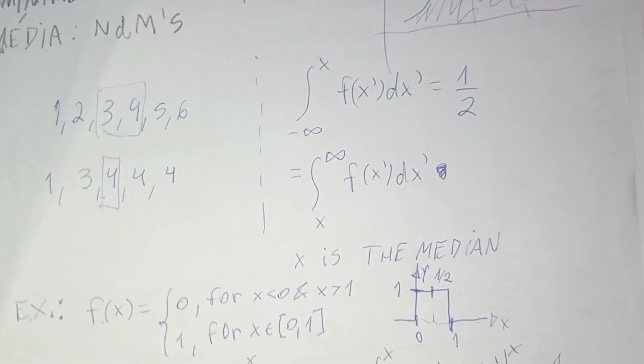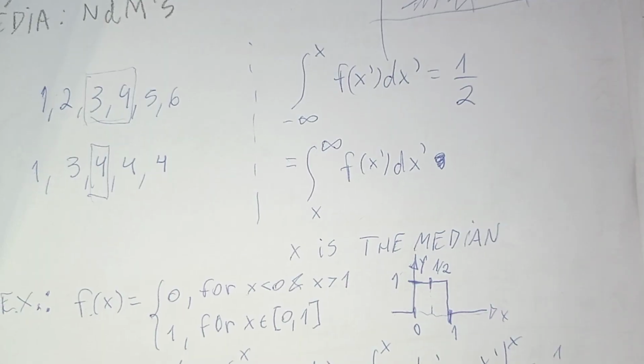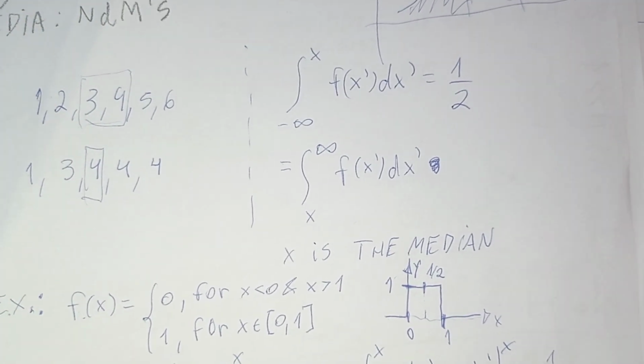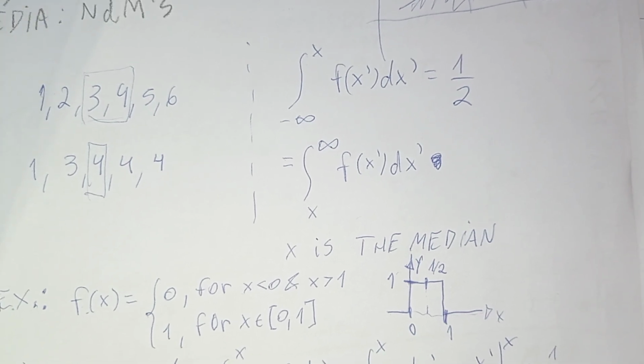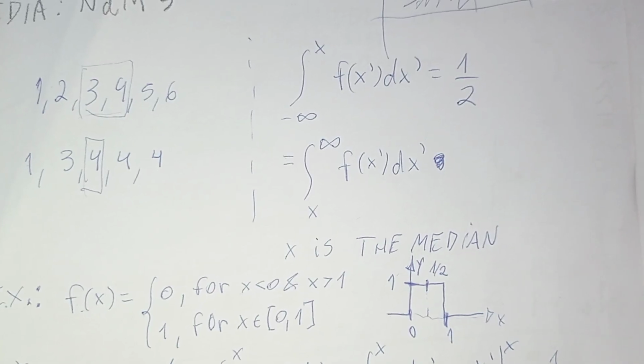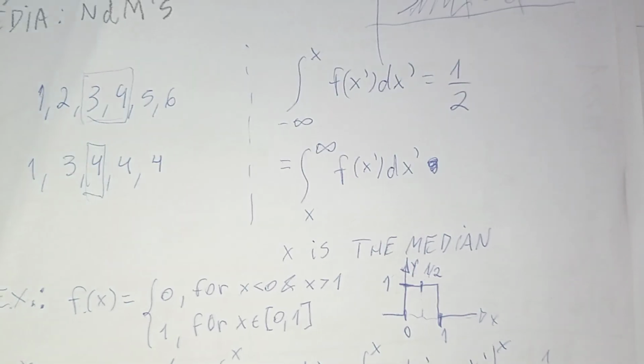So that's why a lot of times you're going to see people using medians instead of means, because means are sensitive to outlier data, while the median isn't that sensitive to outlier data.